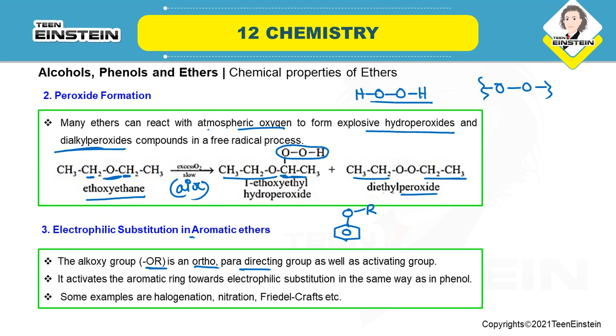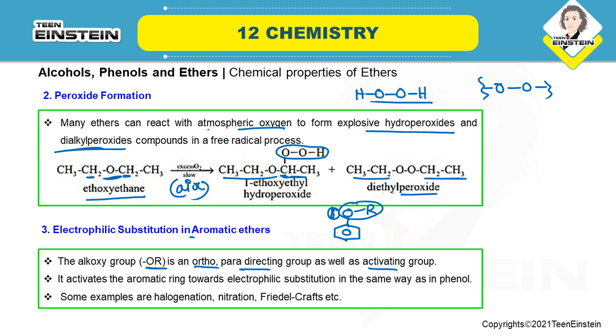So as if an OR group is attached to any carbon of the benzene ring. This alkoxy group, simply take the OMe group, is a donating group, it has a plus R effect because of the lone pair over oxygen. So this is activating the benzene ring, and when it is activating the benzene ring, it will be ortho-para orienting.